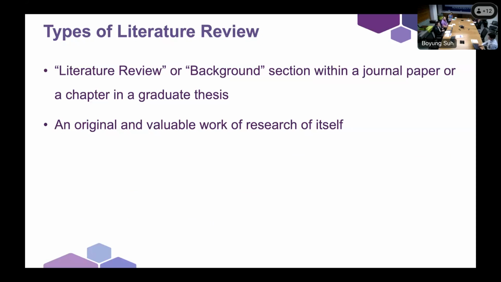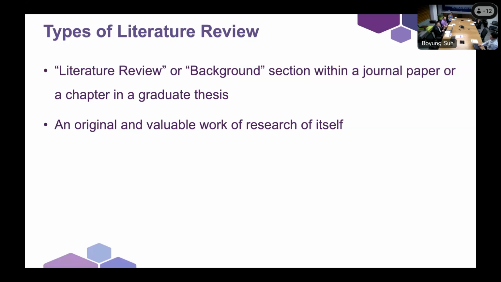Even though it's qualitative, quantitative, any type of research should include literature review first to show that your research is based on the previous research and what value you can add to the body of our knowledge. So that's the basic reason why we do the literature review in our research.